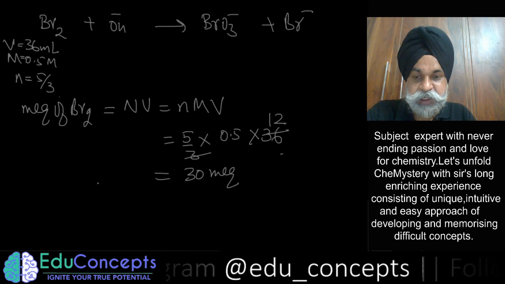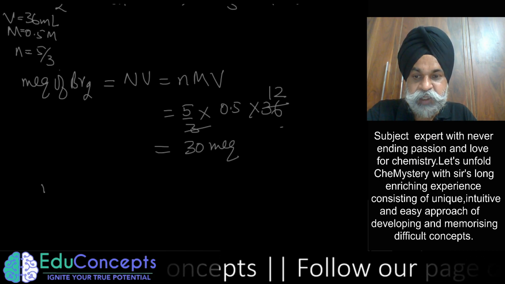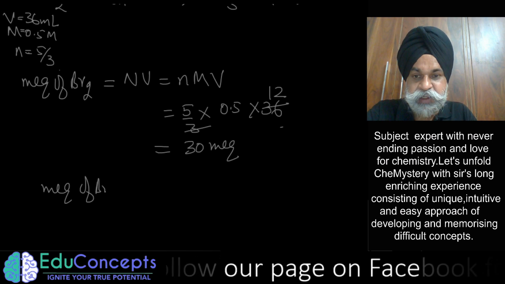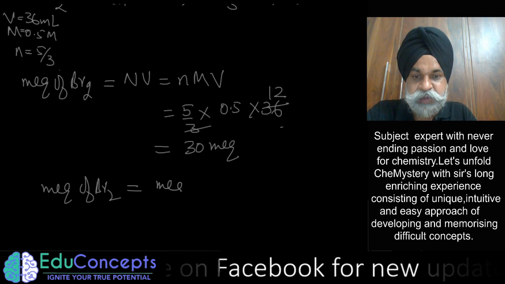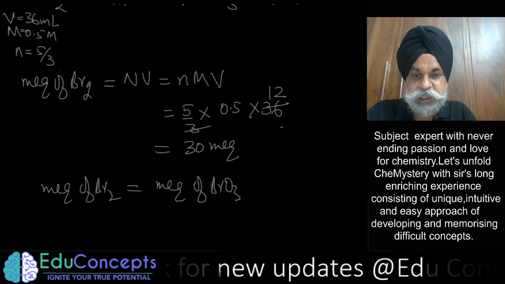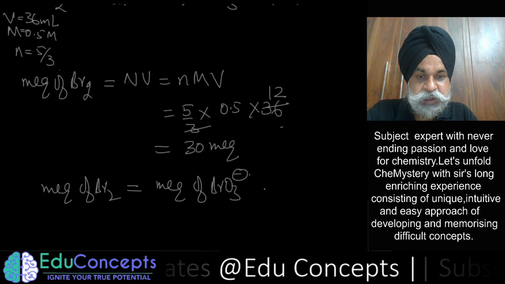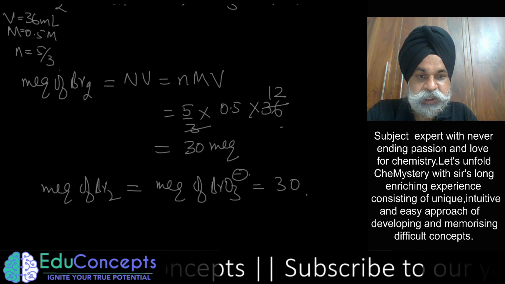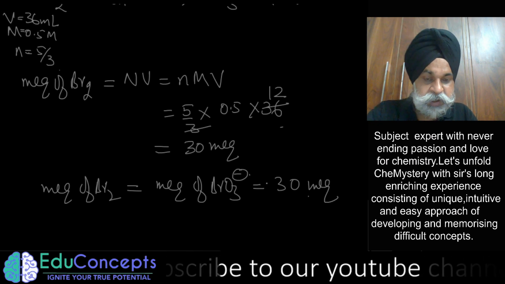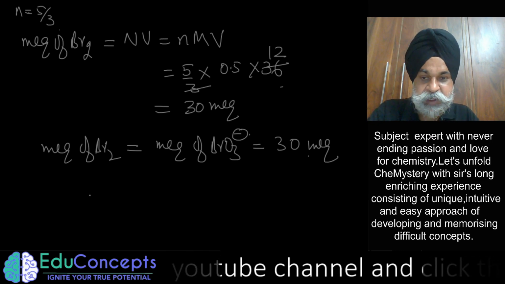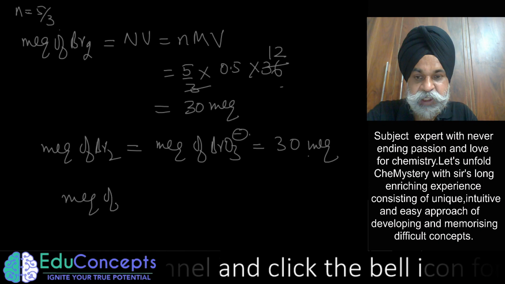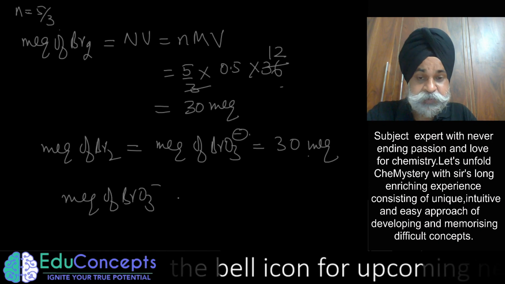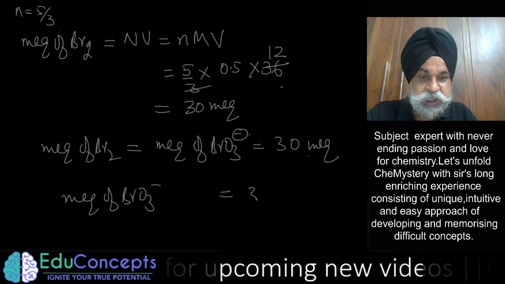So now I can say milliequivalents of Br2 must be equal to milliequivalents of BrO3 negative, which is equal to 30 milliequivalents. Now the point is, while writing this, this is the milliequivalents of BrO3 negative, which is 30.